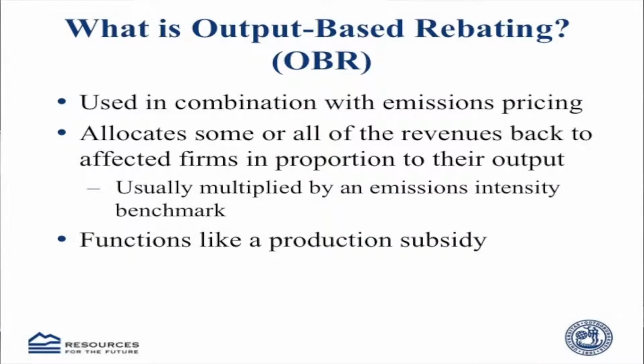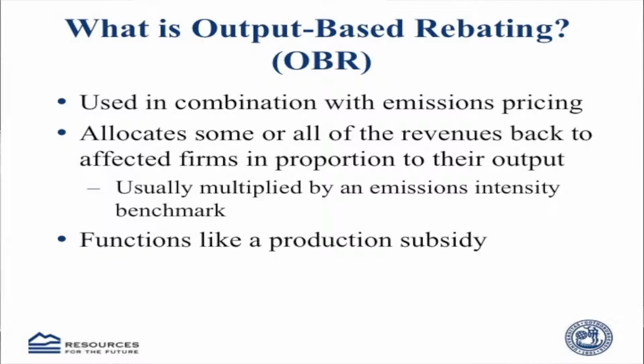So what is output-based rebating? This is used in conjunction with emissions pricing, and it's where you take some or all of the revenues and allocate them back to the affected firms, but now it's conditional on their behavior. You allocate it back in proportion to their output.